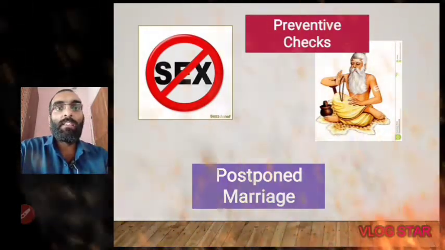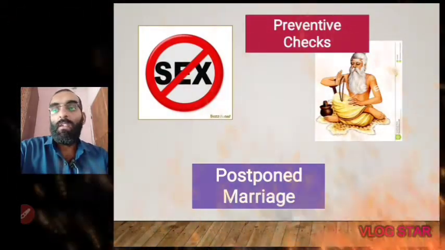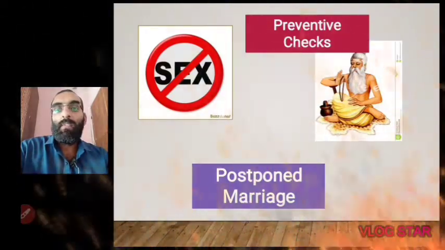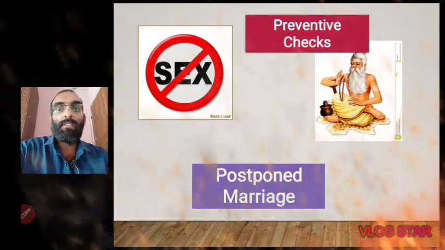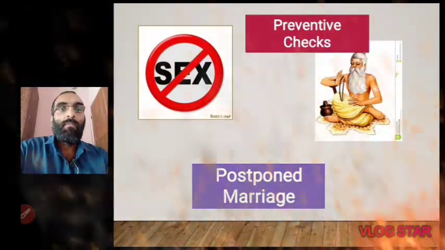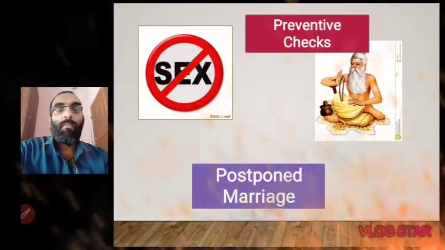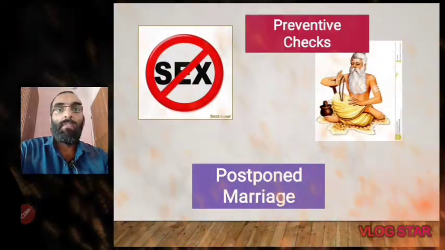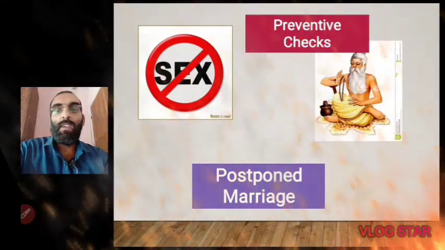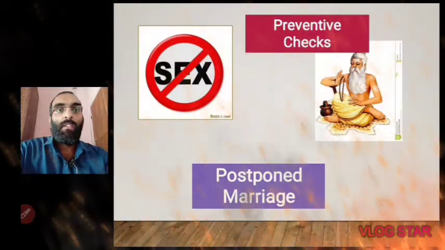Humans take the initiative to prevent population growth, that is, practicing celibacy, practicing sexual abstinence, and postponing marriage. Postponing marriage means marrying at the age of 30 and above. Through that, population growth can be prevented.